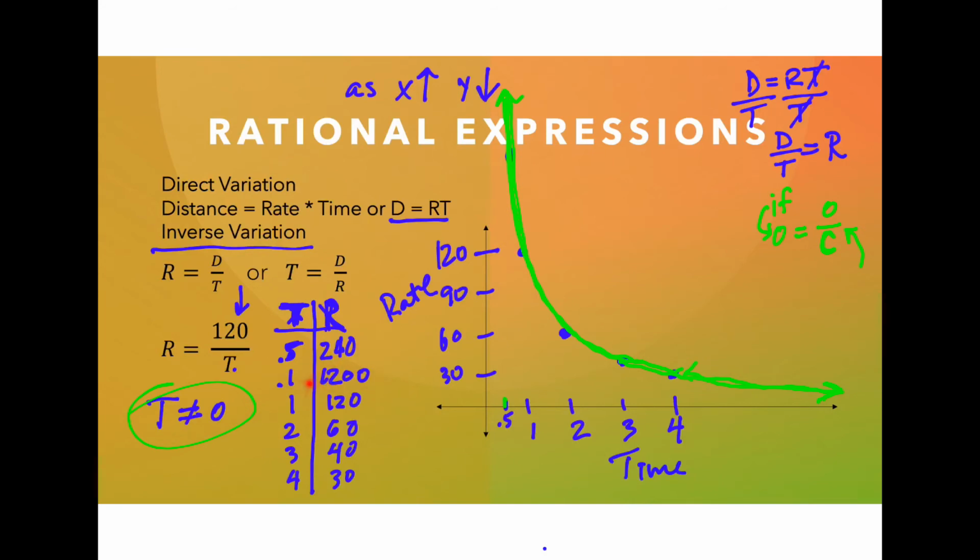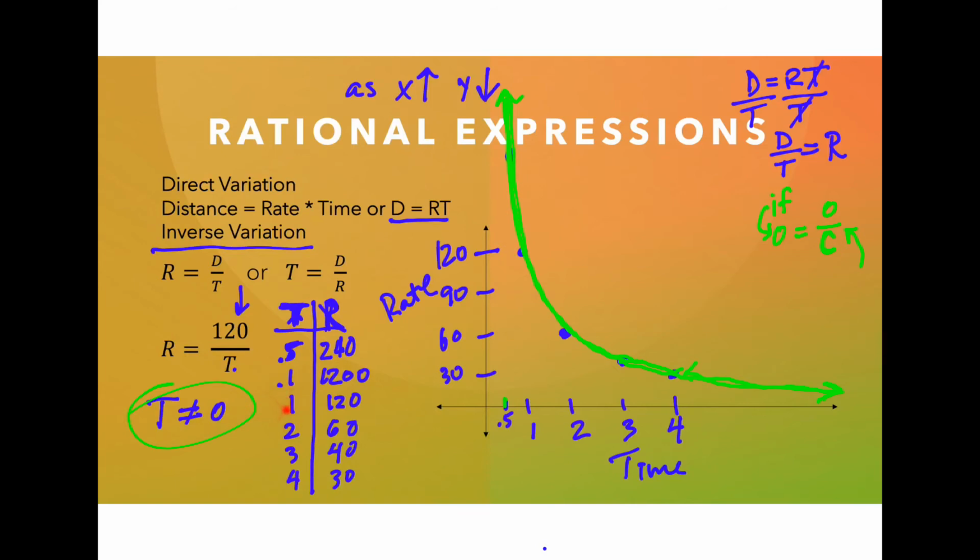If I want to reach 120 miles and I want to do it in 1/10 of an hour, which would be 6 minutes, I would need to be traveling at 1,200 miles per hour, because remember, R is our rate.